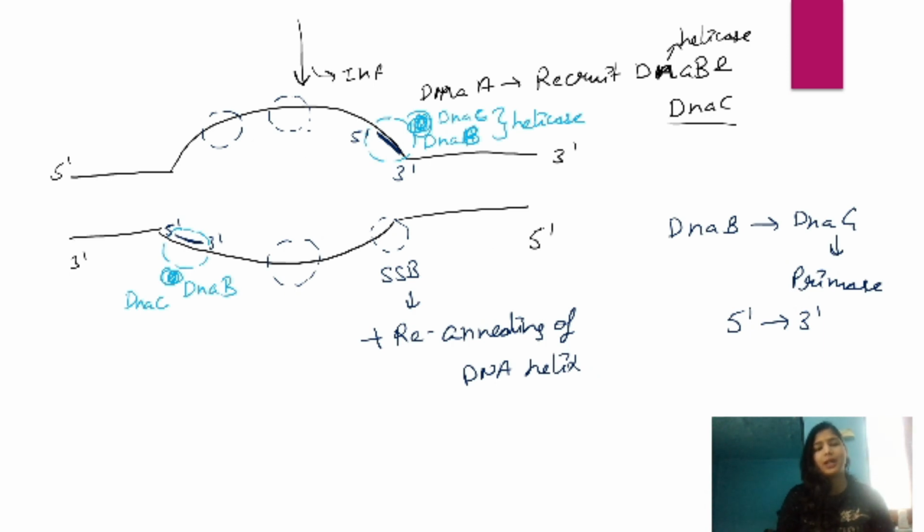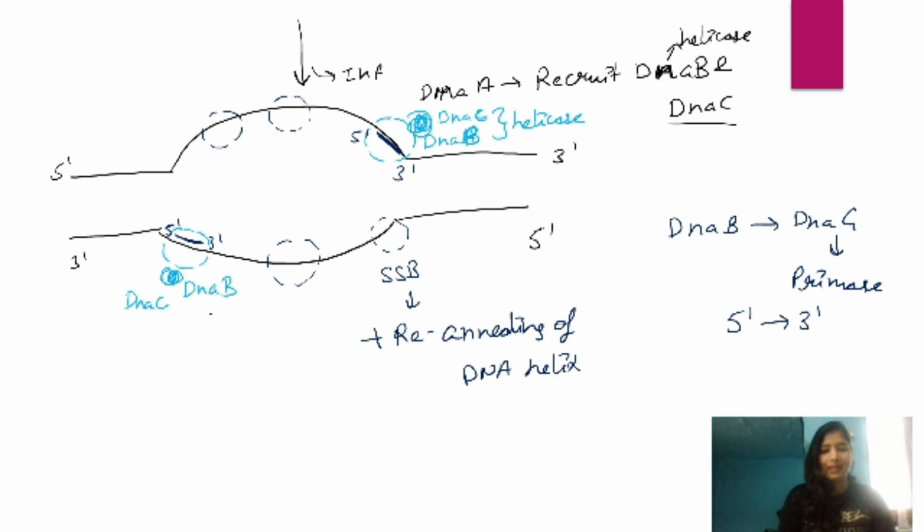Now we all know that both the strands are replicated, but the replication is bidirectional. And we are seeing that DNA B is present only somewhere in one strand and somewhere in the other strand. What about the two strands left out?